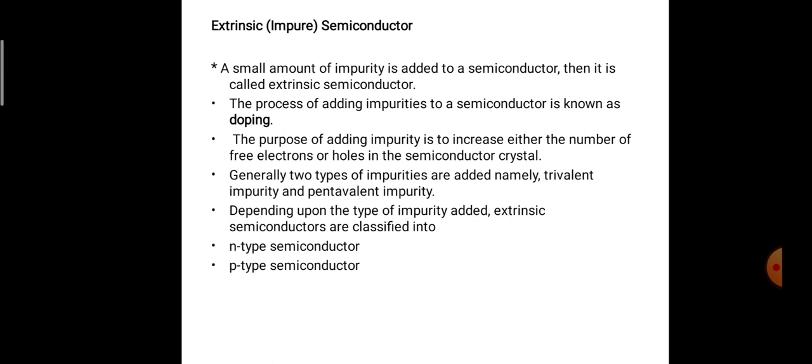Generally, two types of impurities are added, namely trivalent impurity and pentavalent impurity. Depending upon the type of impurity added, extrinsic semiconductors are classified into p-type semiconductor and n-type semiconductor.